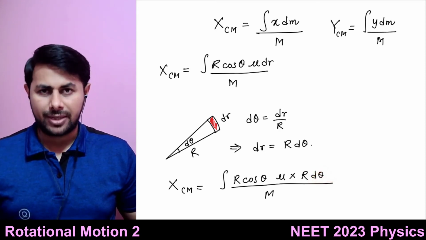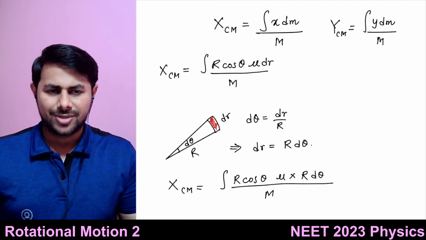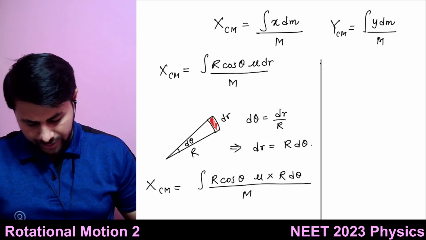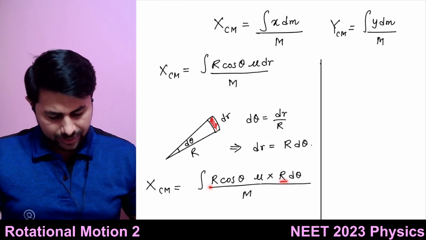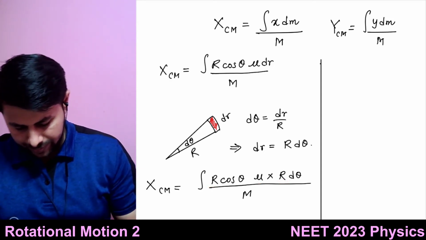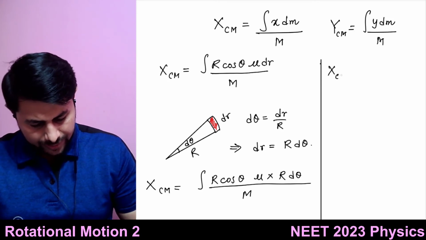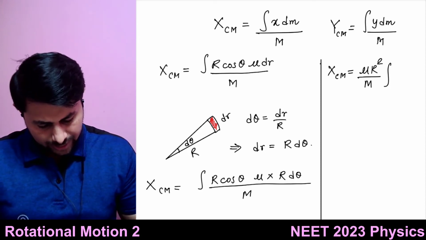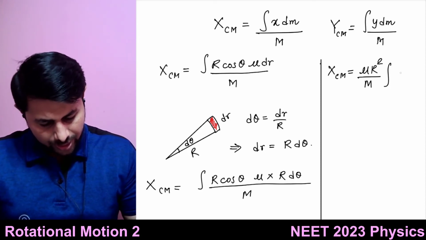We can move r and mu outside, so the x coordinate of center of mass is equal to mu r square upon m, times the integral of cos theta d theta.